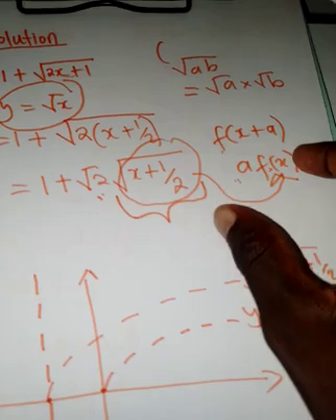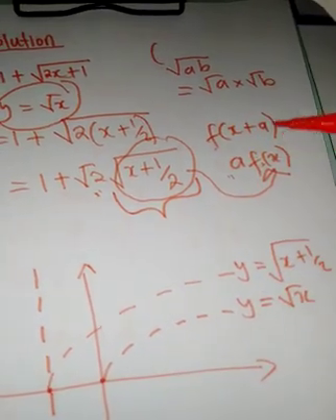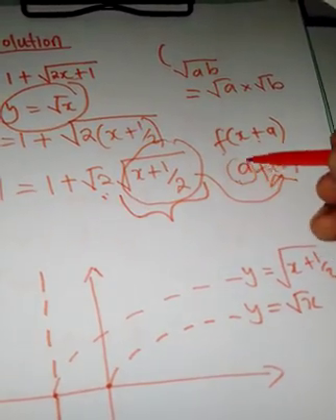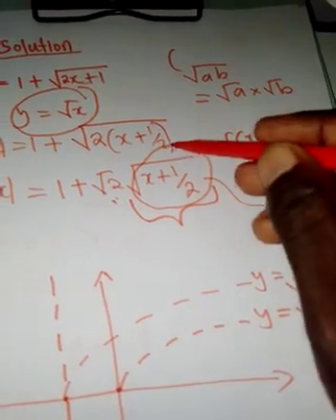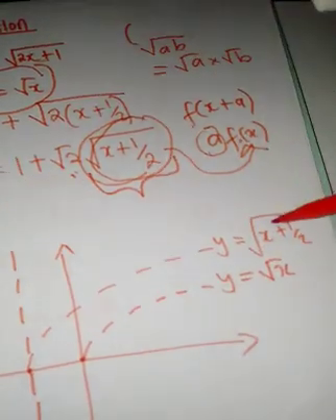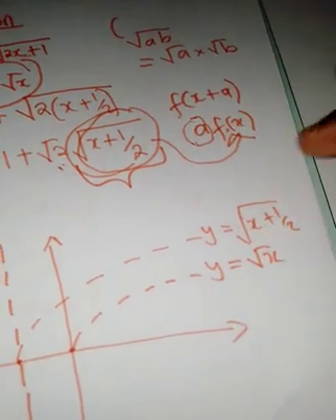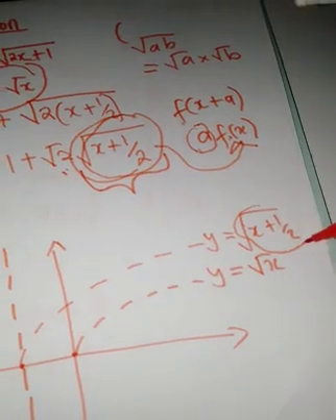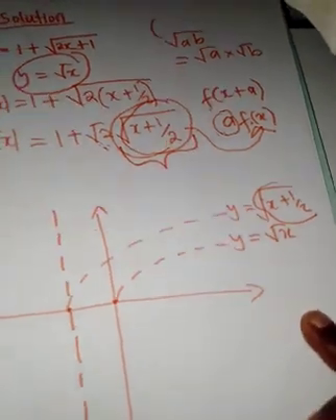So if you have such a case, you multiply the y coordinates by a and leave the x coordinates unchanged. Okay, so this function, this one which has already been sketched, it has x and y coordinates. So multiply the y coordinates of this by a there, which is root 2, and leave the x coordinates unchanged.